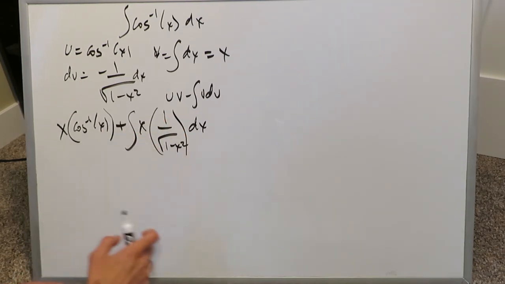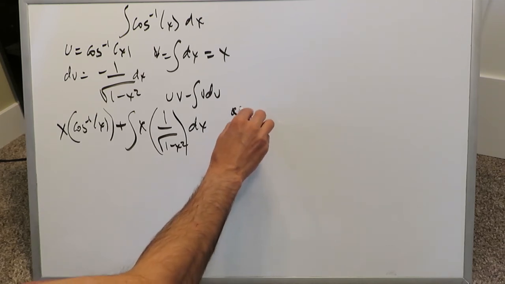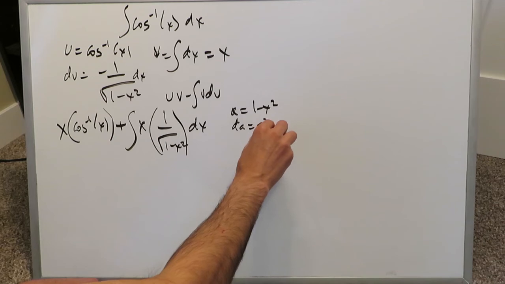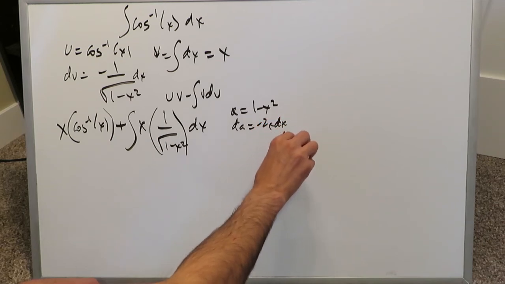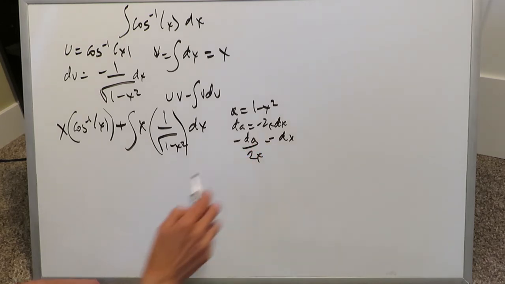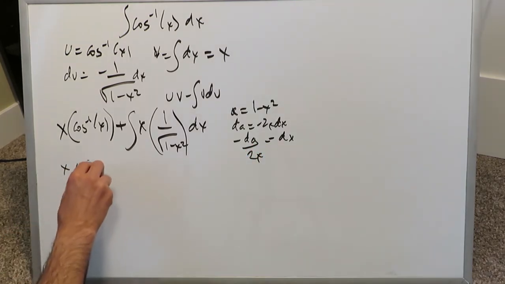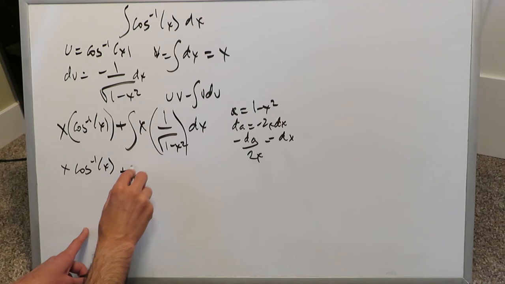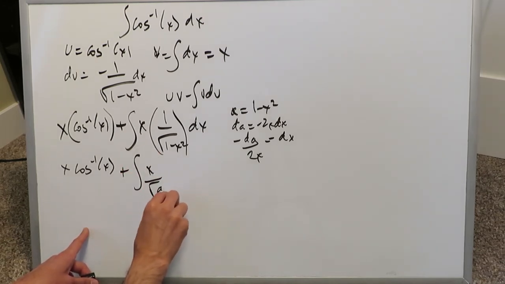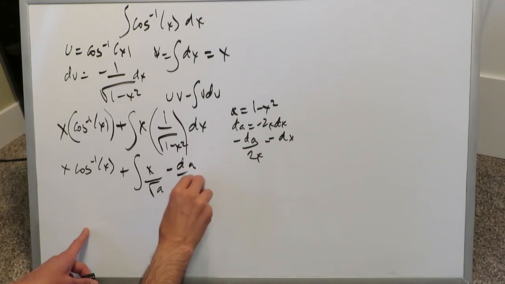Here you can very well handle this with polynomial substitution. a is equal to 1 minus x squared, dA is equal to minus 2x dx, and dx is equal to minus dA over 2x. Bring it in. x arc cosine x plus, you have x over, all of this is root a, and then minus dA over 2x.